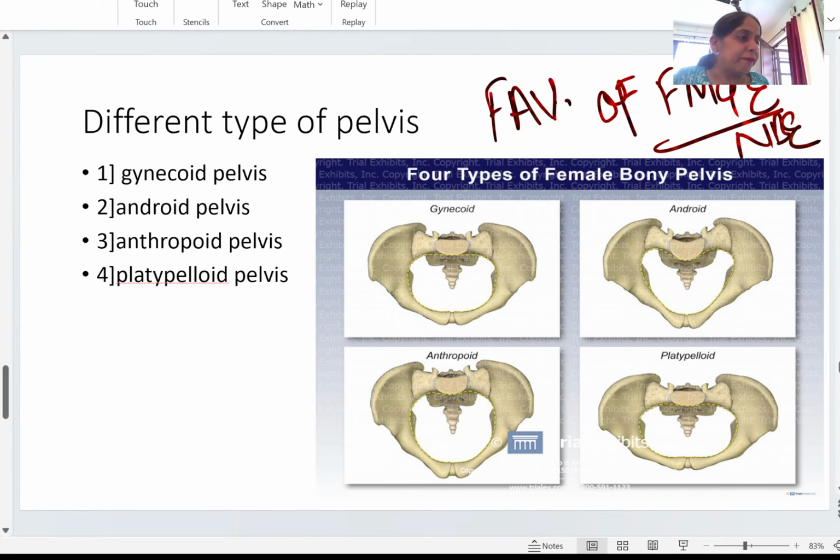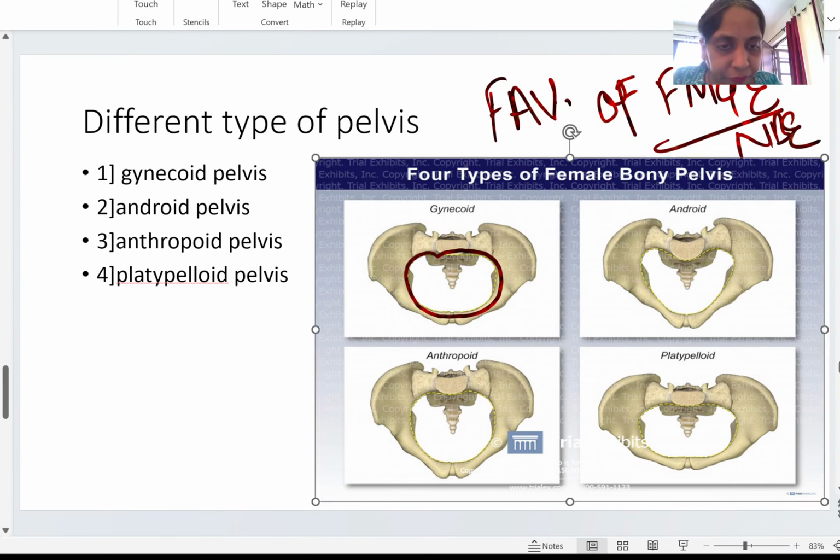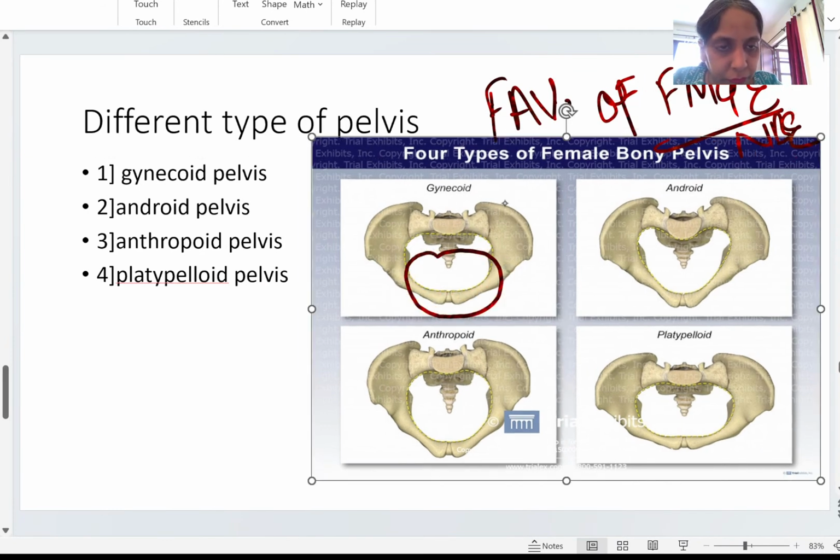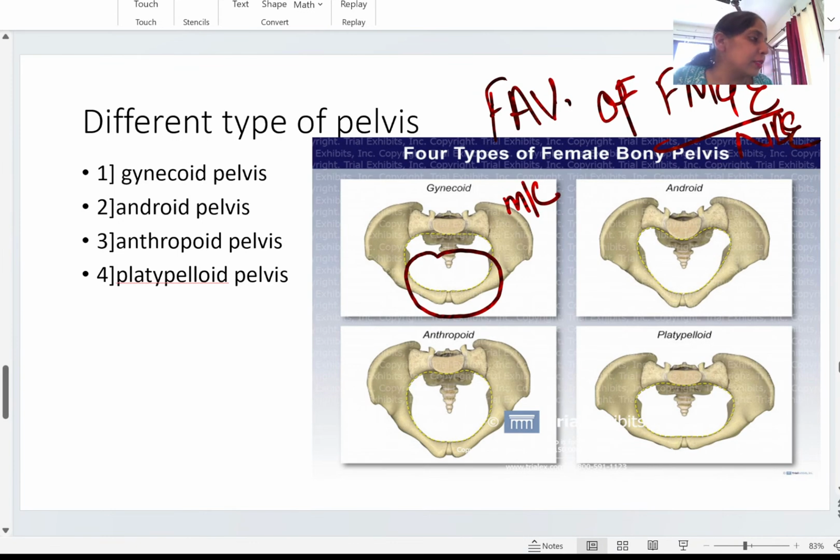So these are the different types of pelvis. What is the shape of the gynecoid pelvis? It is a round pelvis, and this is the most common pelvis.